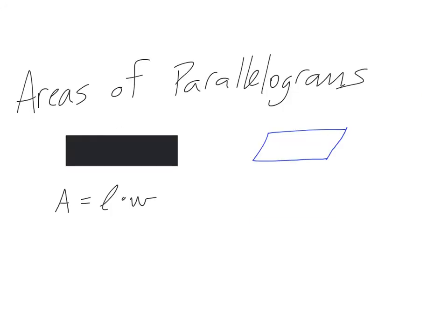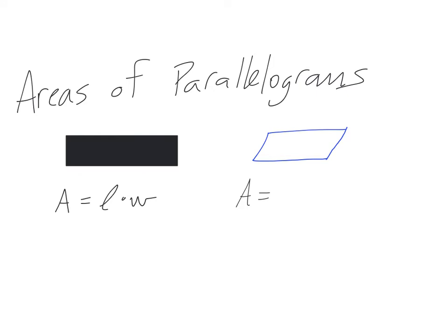Alright, so let's talk about the areas of parallelograms. Didn't we just say that a rectangle was a type of parallelogram? We did. And how do you find the area of a rectangle? Well, you guys know that. It's length times width. So what about a parallelogram that looks like this? Almost an identical formula, except we use different letters.